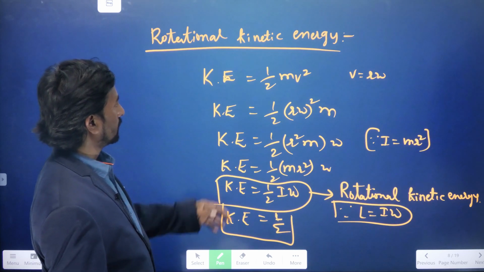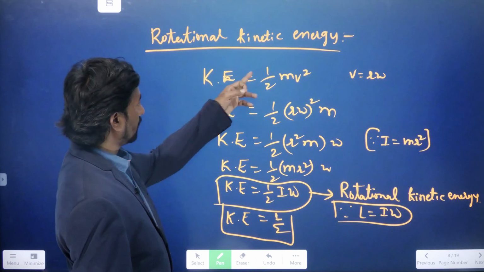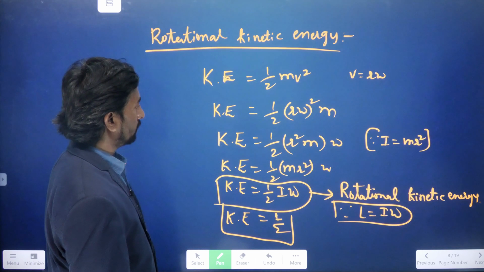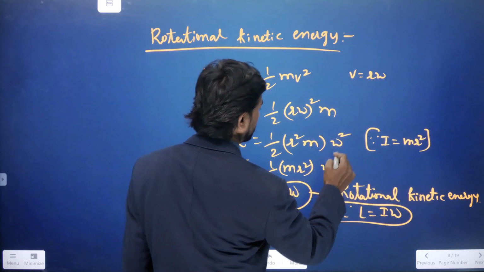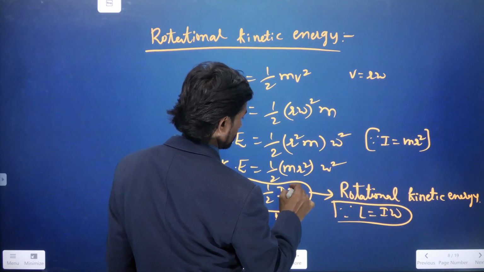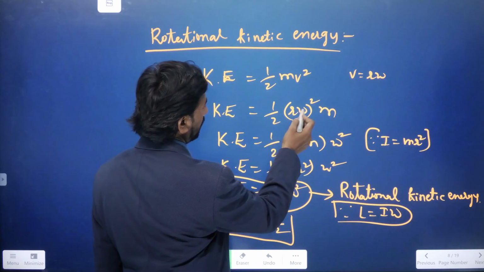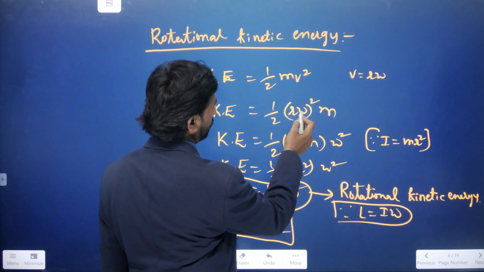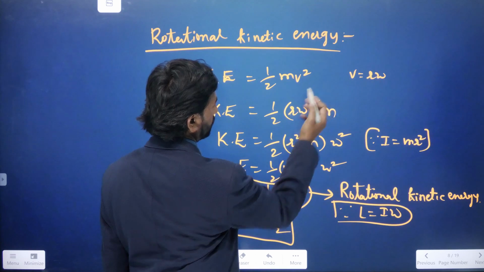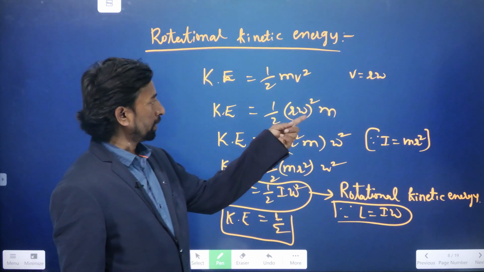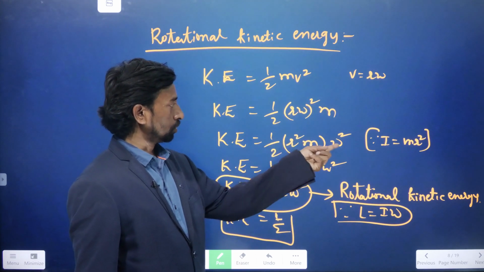Sorry, here omega square will come, because in the kinetic energy formula half m v square, v is R omega, so whole square gives R square, and m into omega square will come there.